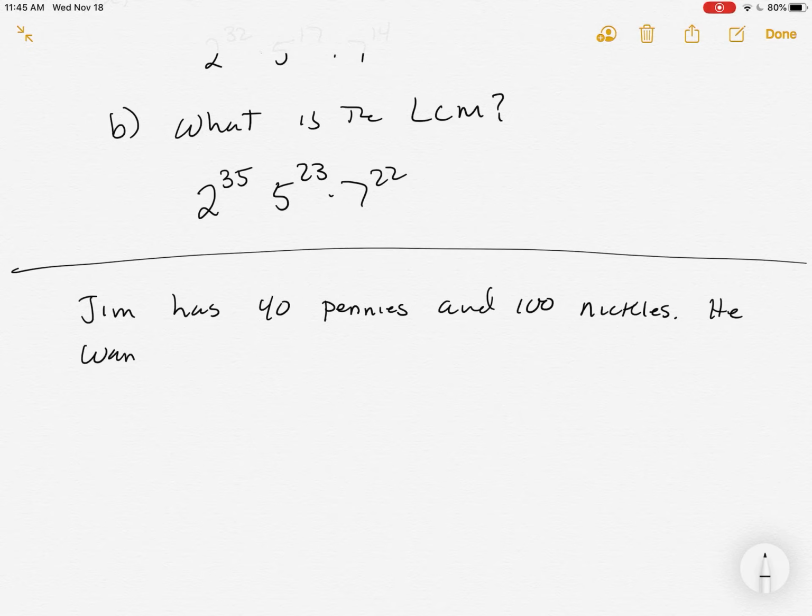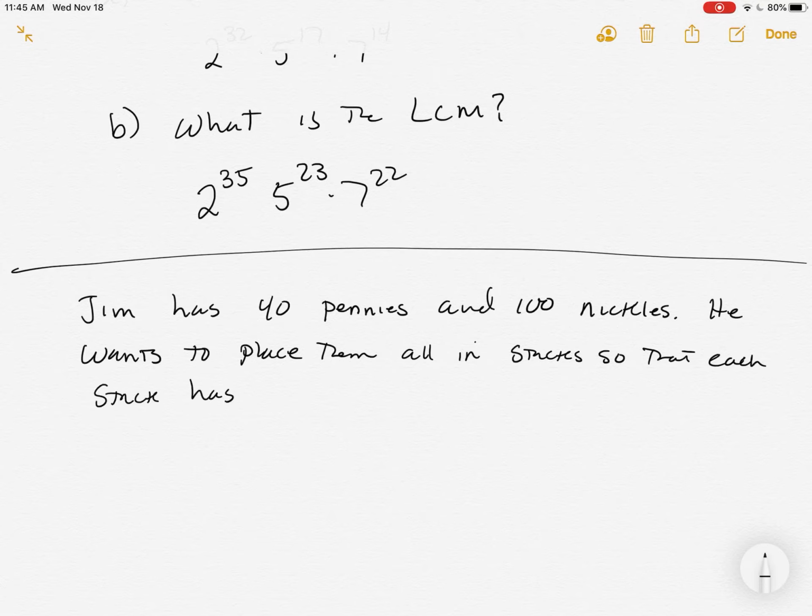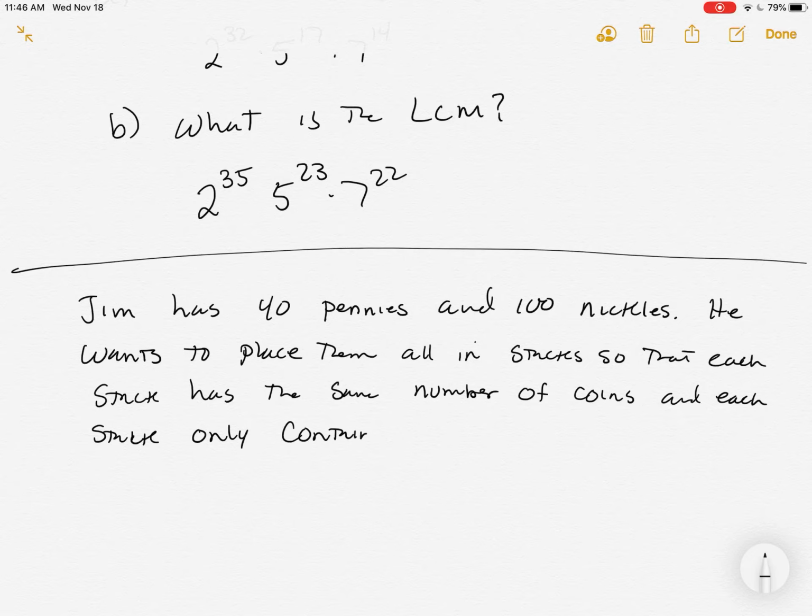He wants to place them all in stacks so that each stack has the same number of coins, and each stack only contains one denomination of coin.